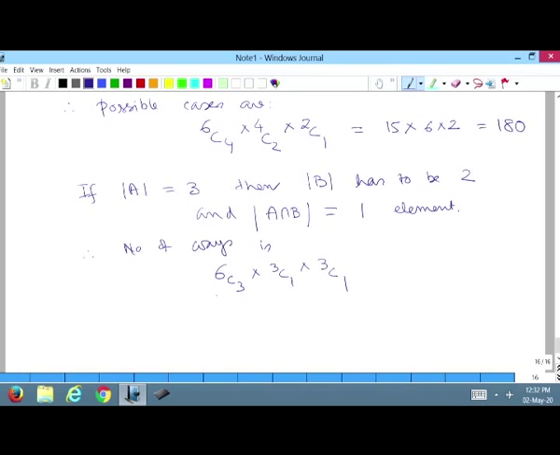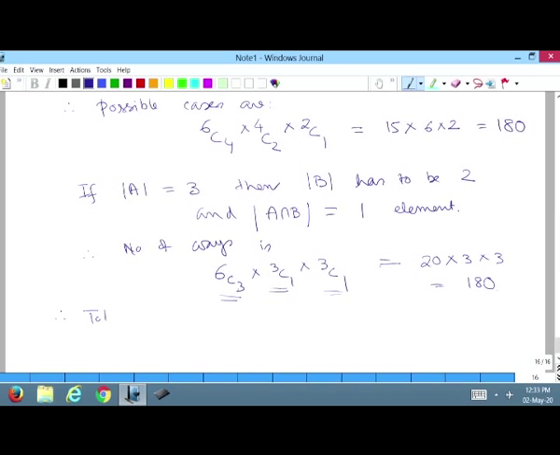Out of 6, we choose 3 for A. Out of these 3, we choose 1 for the intersection, and out of the remaining 3, we choose 1 for B, is equal to 20 into 3 into 3 is equal to 180.